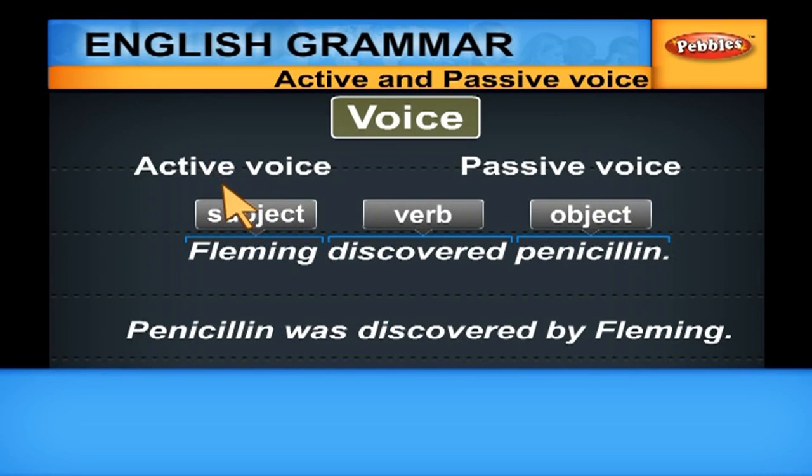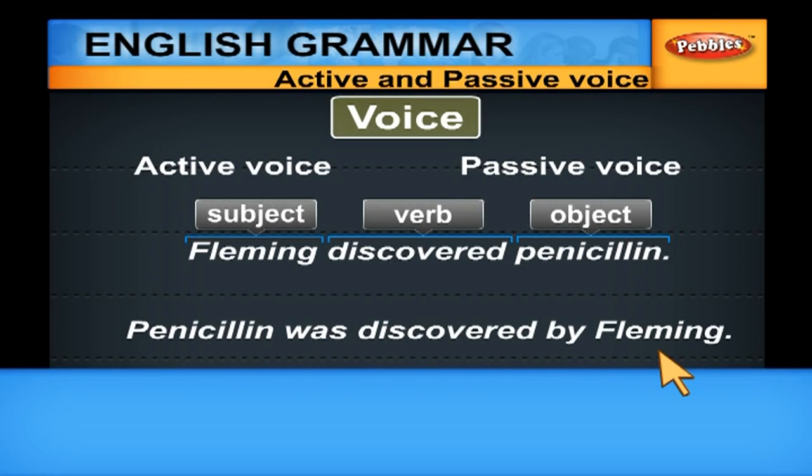So we can say active voice is equal to subject followed by verb and object. And passive voice is equal to object of the active voice sentence, verb by subject.